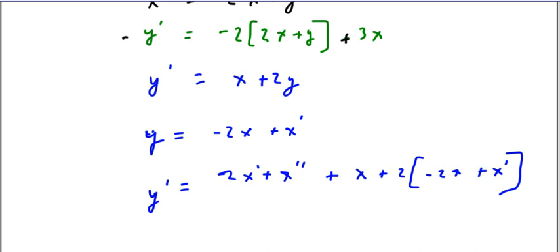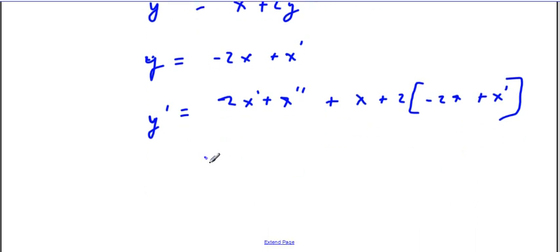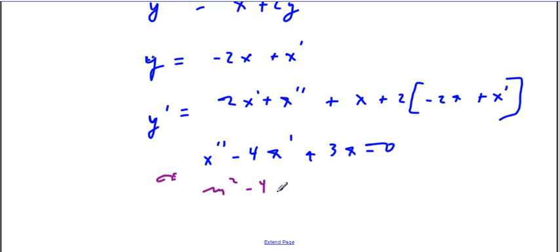Okay, combining everything together, we have that x double prime minus 4x prime plus 3x is equal to 0. We have a characteristic equation: m squared minus 4m plus 3 equals 0.